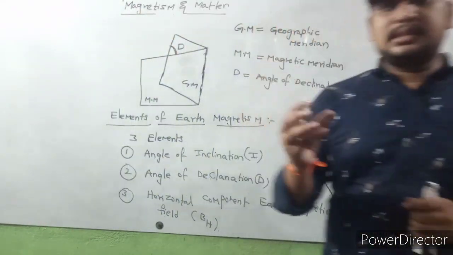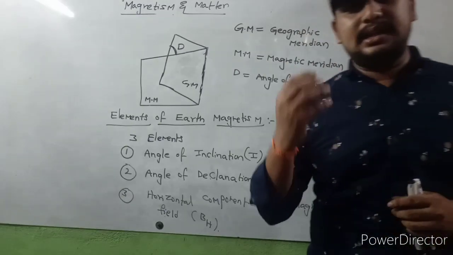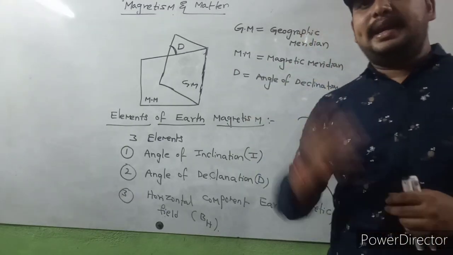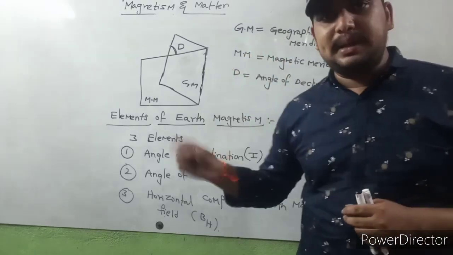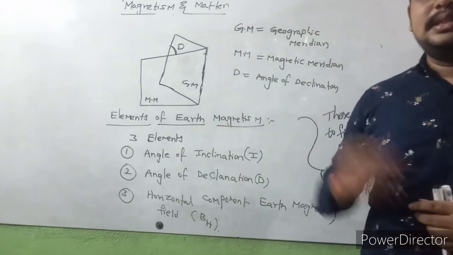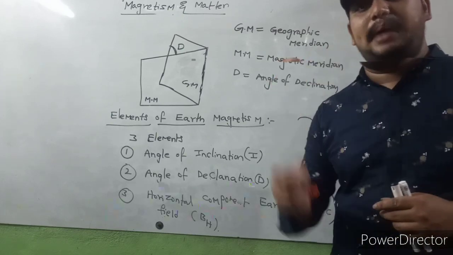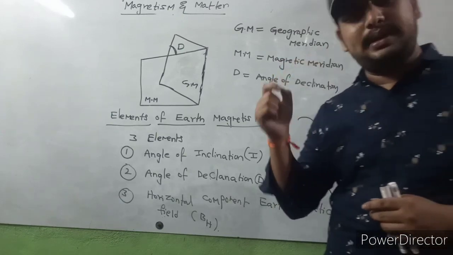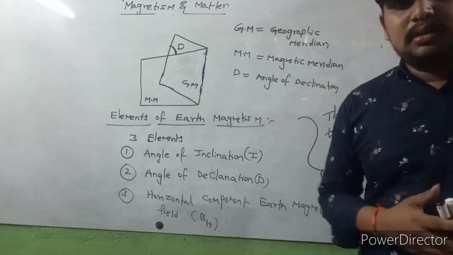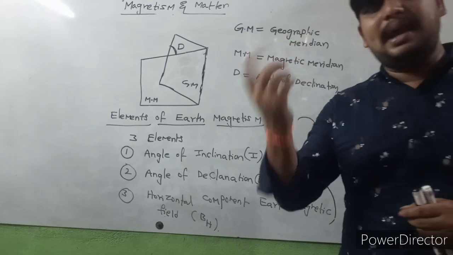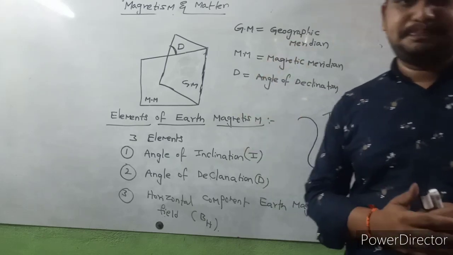So in this lecture I discussed, first of all, which branch earth magnetism comes under. This is a branch of physics which deals with the study of magnetism or magnetic properties of the earth. That is called terrestrial magnetism or geomagnetism.